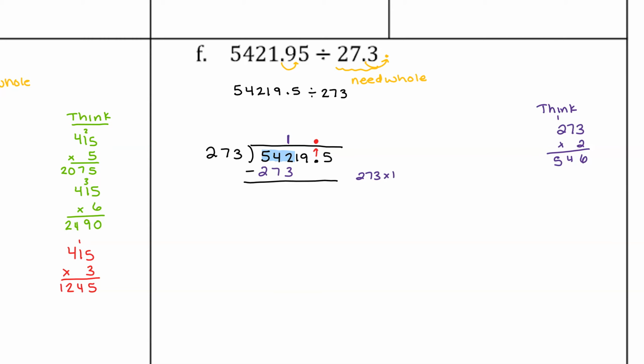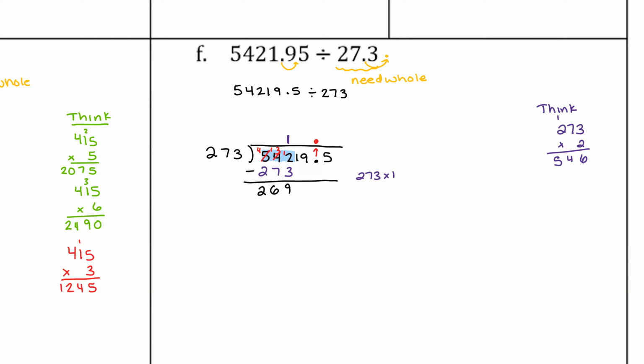So I can't do 2 minus 3, so I'm going to borrow 10 from this 4. So 12 minus 3 is 9. Now I need to do 3 minus 7, but I can't do that. So I have to borrow from this 5. 13 minus 7, ooh, I could do that. That's 6, and 4 minus 2 is 2.